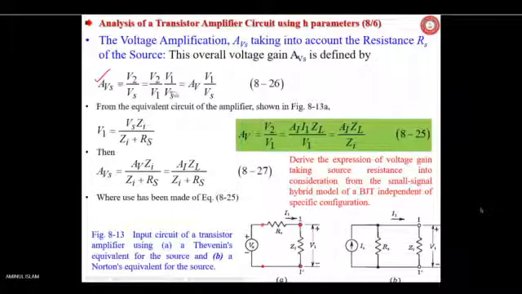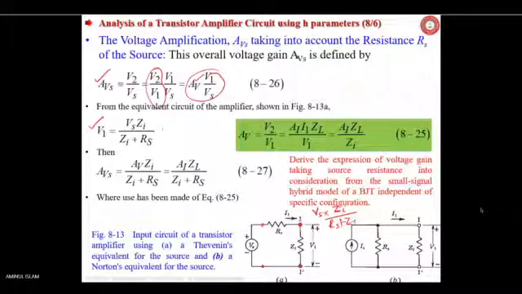So AVS can be written as V2 by V1 into V1 by Vs. V2 by V1 is AV, the voltage gain without considering the input source resistance. And V1 is nothing but a voltage division: V1 is Vs into ZI divided by RS plus ZI.